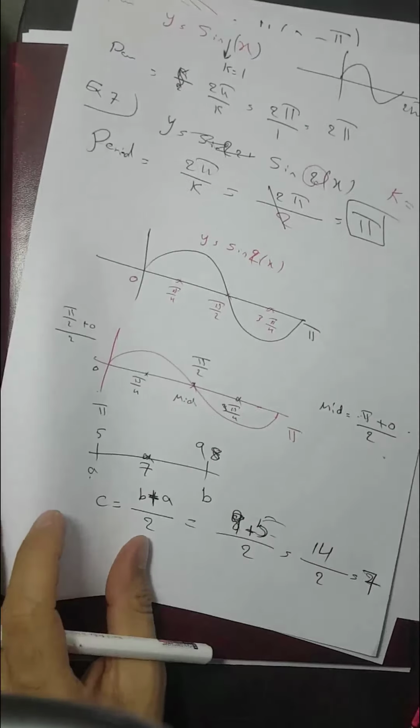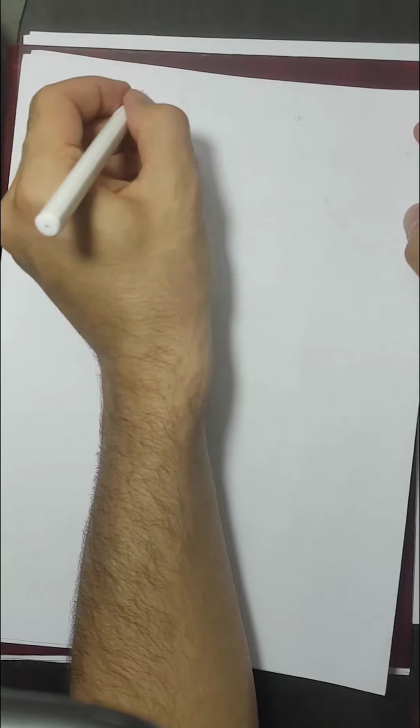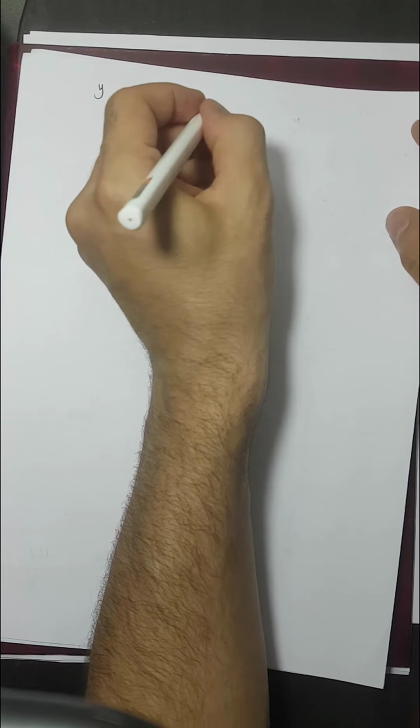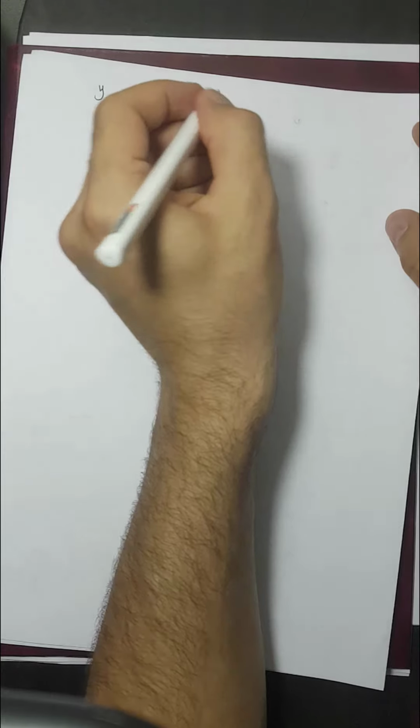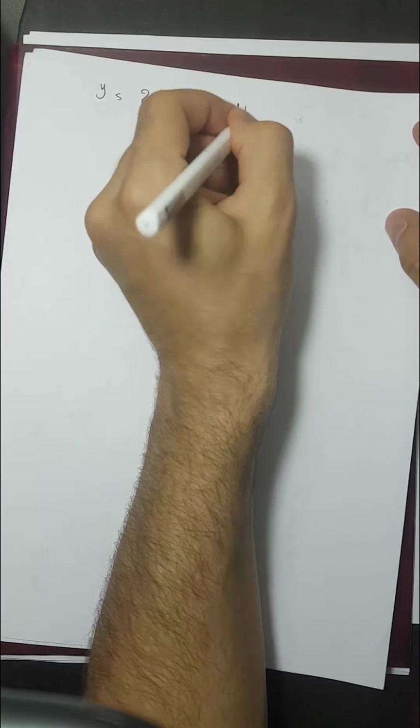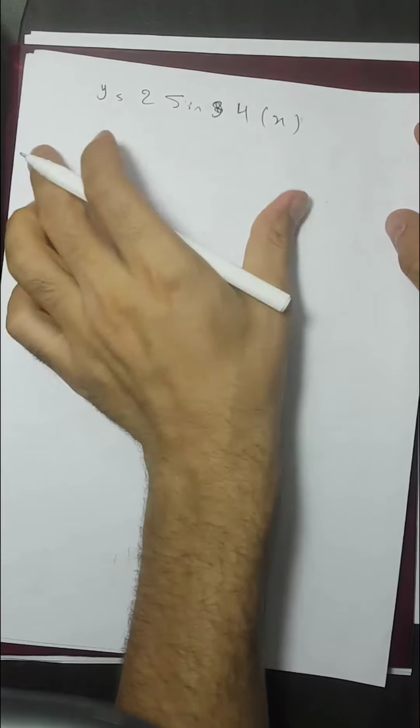That's all. So in general, I know you are a little bit confused. In general, if you want to find, for example, y is equal to 2 sine 4x, how do we find this one?